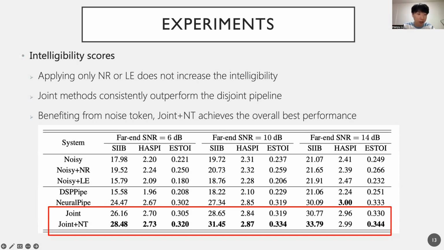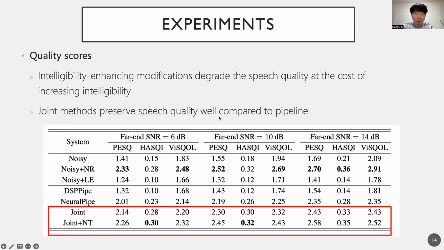From this table, we can see that applying only the noise reduction or listening enhancement module doesn't increase the intelligibility at all. And we can see the joint method consistently outperforms the disjoint pipeline methods. Finally, by benefiting from the noise token, where joint plus NT denotes the noise token module, the joint plus NT system achieves the overall best performance.